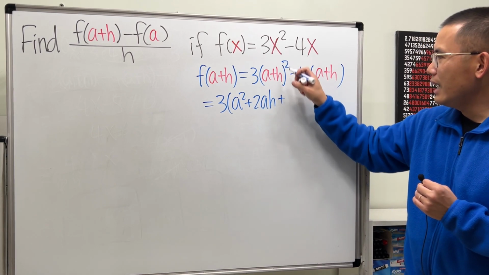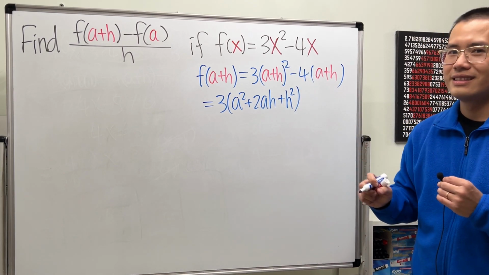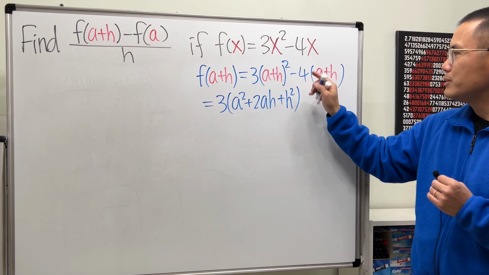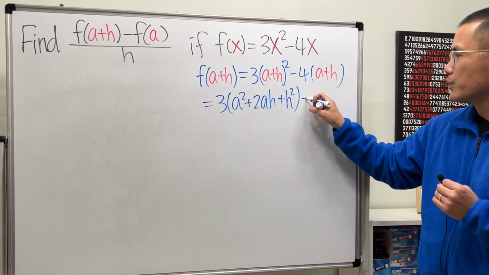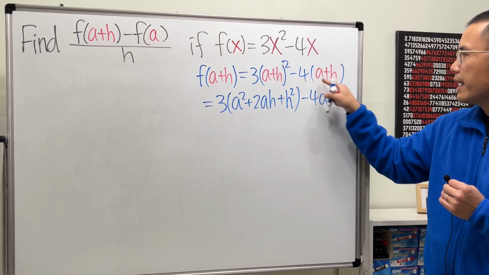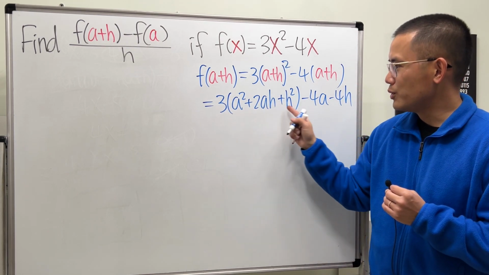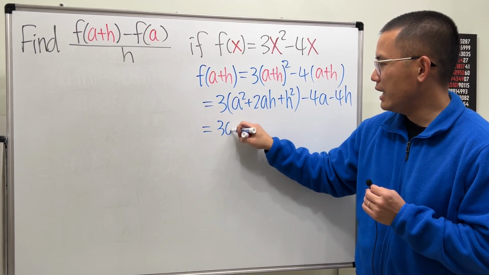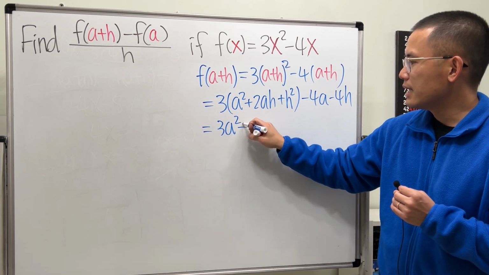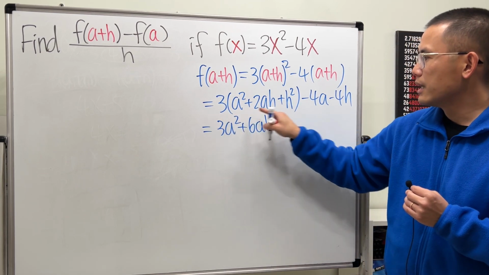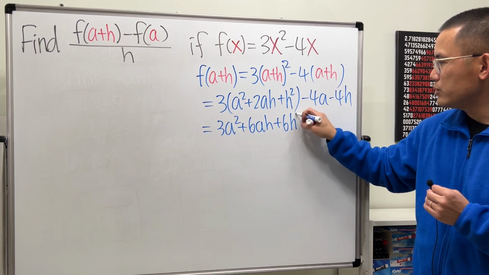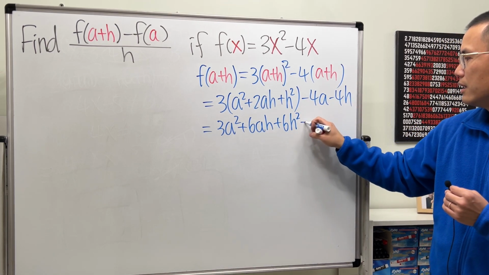Continue plus h squared. And then for this one, I'm just going to distribute the negative 4. So we get negative 4a and then minus 4h. Now distribute this 3. So we have 3a squared plus 6ah and then plus 3h squared and then the rest.